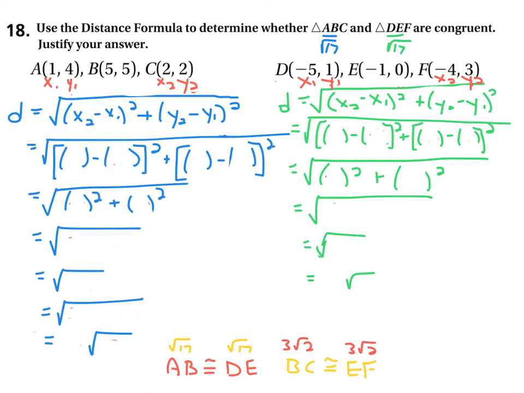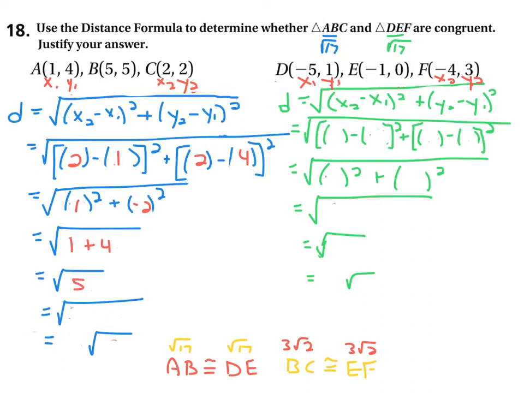And then when we fill them in, we get x2, 2, minus x1, 1, y2, 2, minus y1, 4. And 2 minus 1 is 1. 2 minus 4 is negative 2. And that becomes 1 squared, or 1, plus negative 2 squared, or 4, square root of 5.